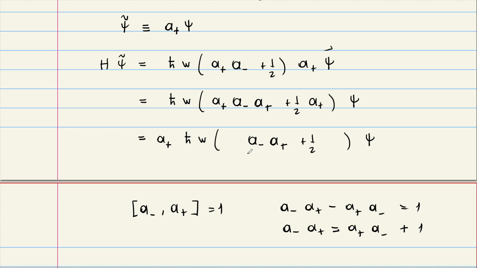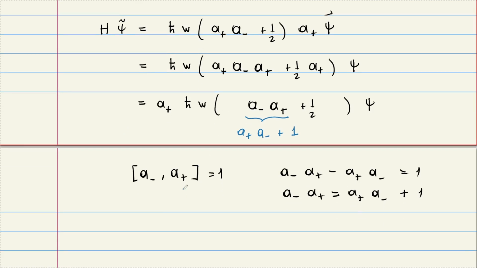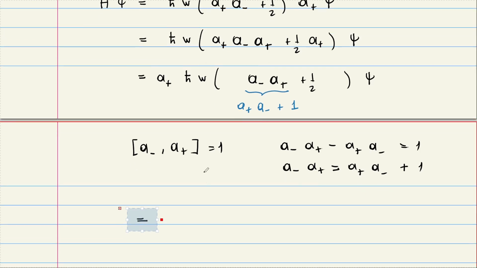So then here I'm going to write this thing, A plus, A minus, plus 1. Now this line, let's write one more time. So the first A plus, h bar omega.